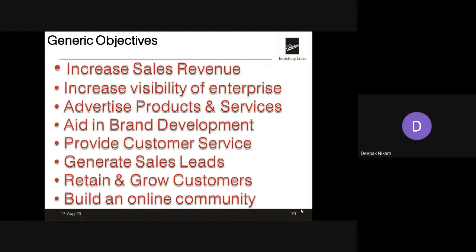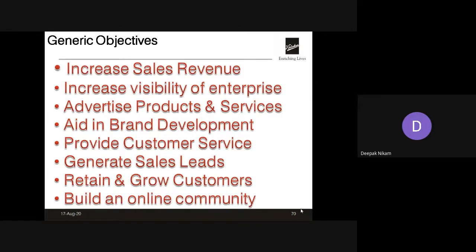Now, generic objectives. I've had a discussion about this with a few other people I work with, not necessarily in Kirloskar, but at different companies. One of the main reasons I did that was I connected with many different people who worked in various professional roles, not specific to manufacturing.